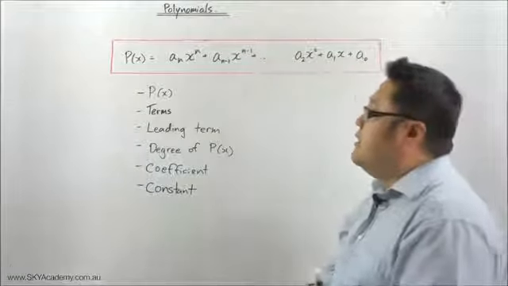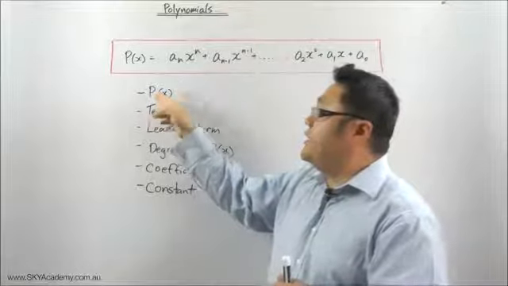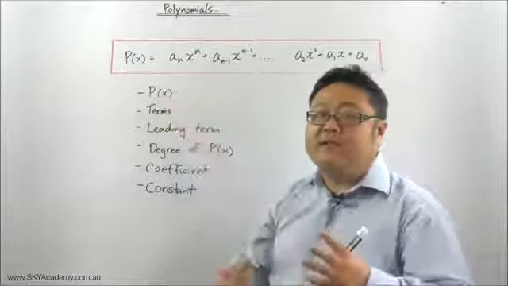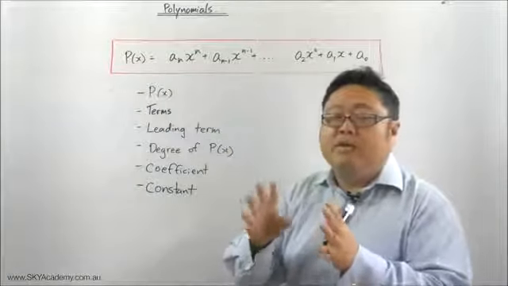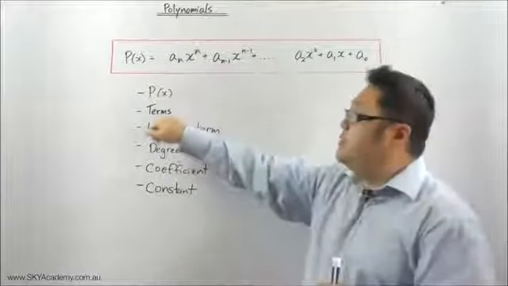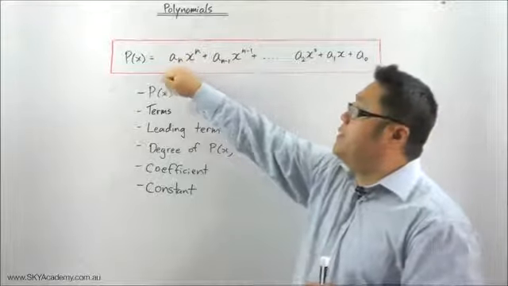A polynomial can be represented by the expression p of x. P for polynomial, and it's a polynomial in the variable x. Each part of the polynomial is called a term.